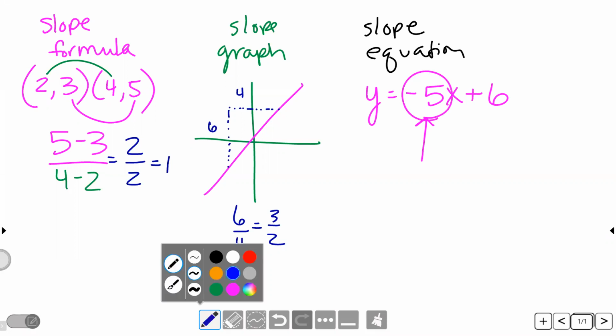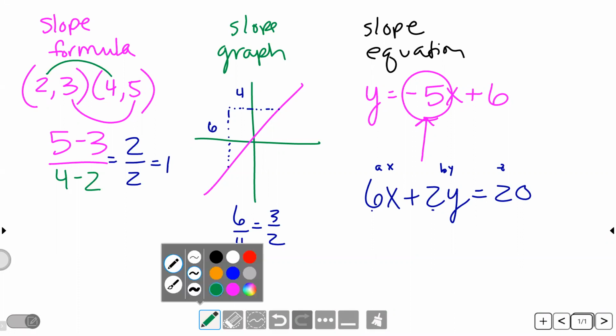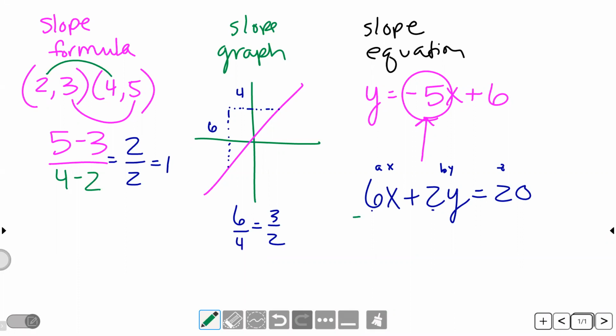But when you have this, 6x plus 2y equals 20, that's standard form. That's ax plus by equals z form. It's still a linear equation. It still has a slope, but the slope is not 6, it's not 2, and it's not 20. You have to solve. Solving for y means minus 6x from both sides.